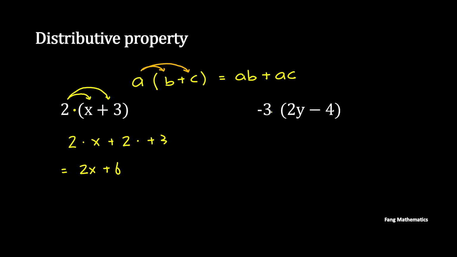Moving on, you have a negative multiplier, and we are to remove the parentheses. Using the same method, you are to distribute the minus 3 into each element inside the parentheses. So you should get minus 3 times 2y and minus 3 times minus 4.